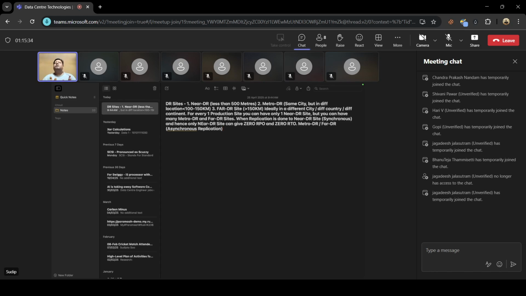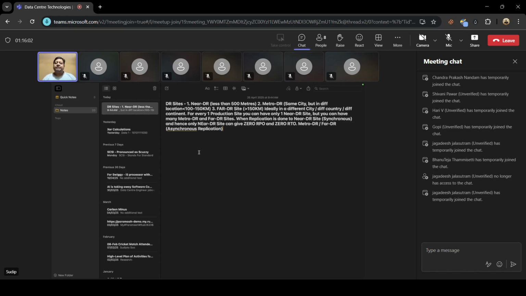As I told you, BSNL keeps at least 4 copies of data in various cities across India. These cities are Chandigarh, Delhi, Kolkata, Hyderabad, Mumbai, and Bangalore. These are the 6 cities where BSNL does this.